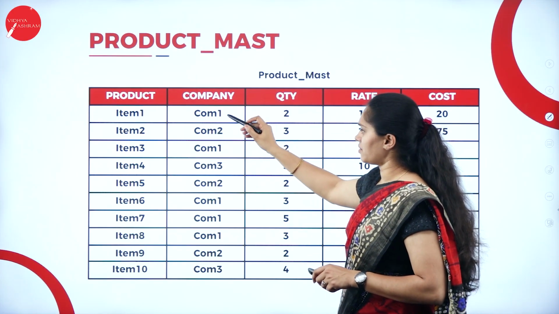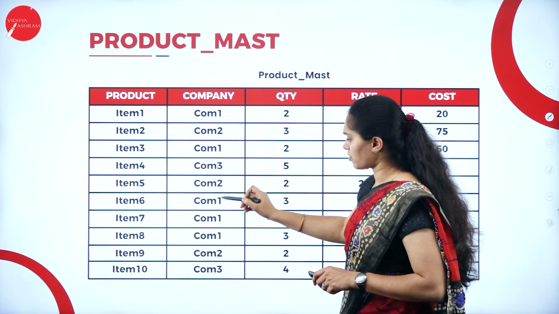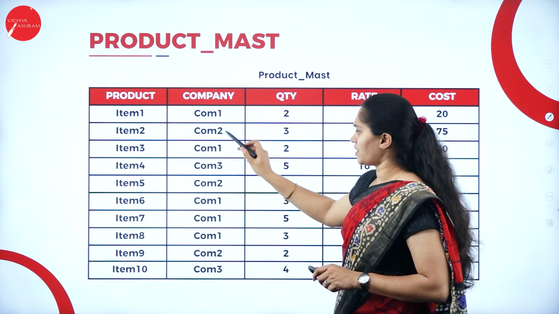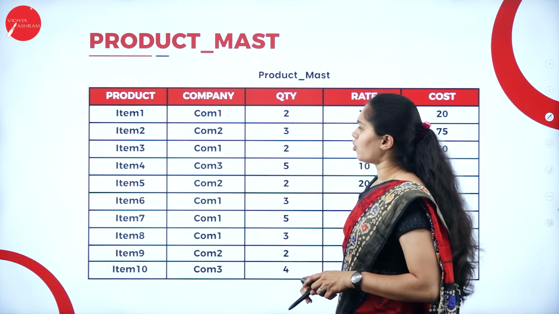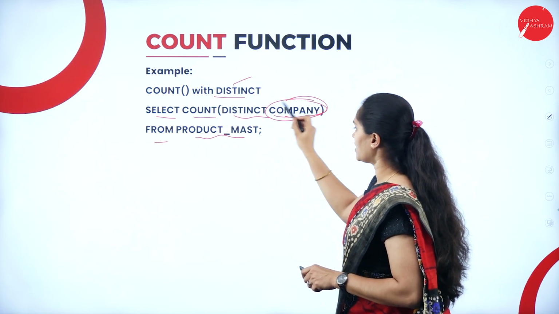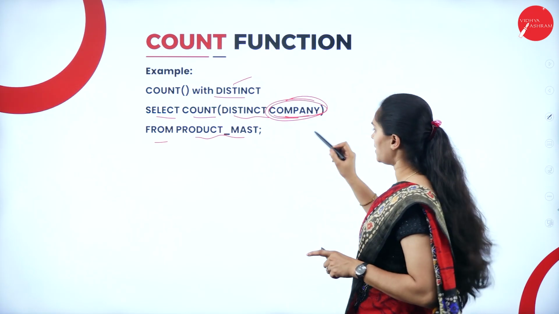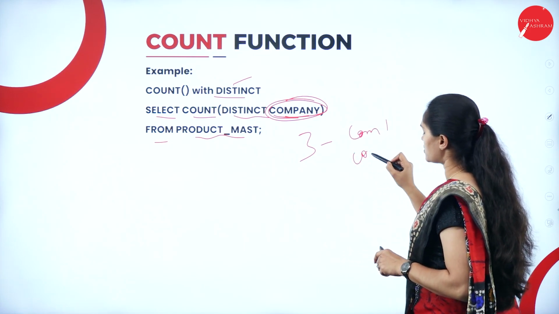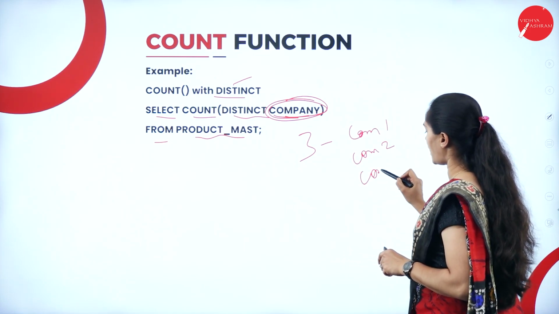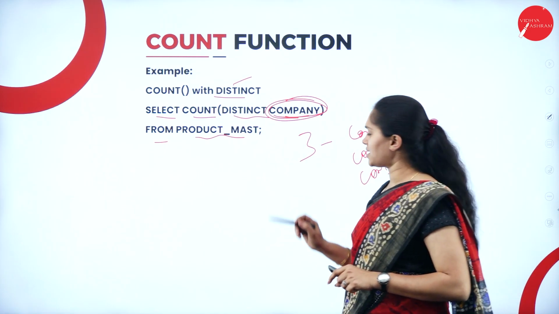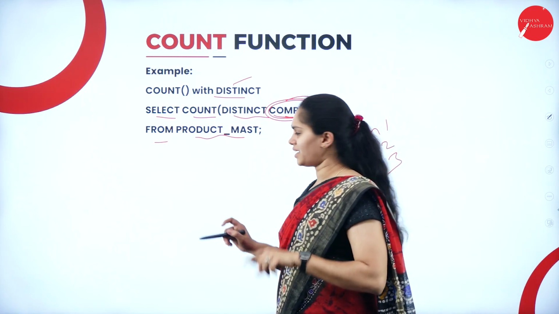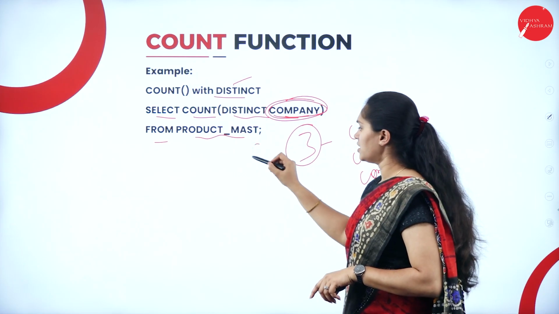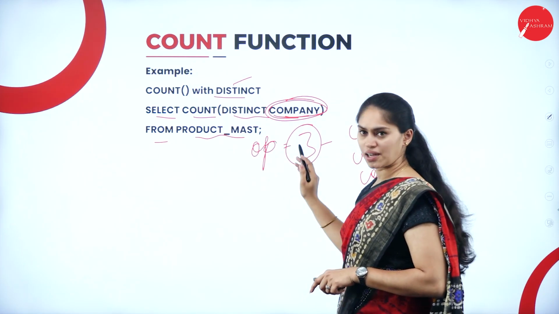So you can see that we have company 1, again we have company 1, and also we have 2, 3. So what are we seeking? Only the distinct companies. So that company count is 3. That includes company 1, company 2, and company 3. So it will return only a single value. That output is 3, right?